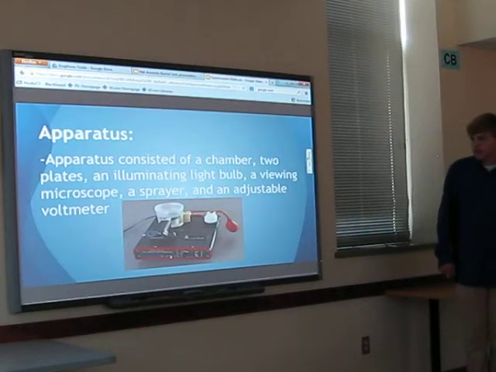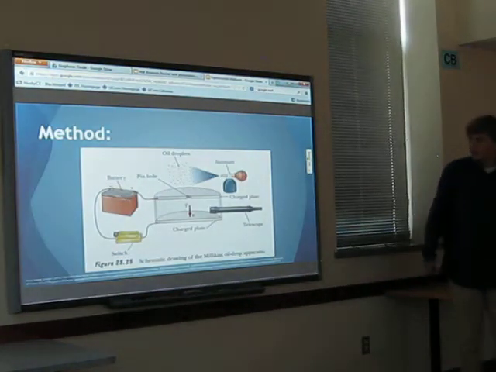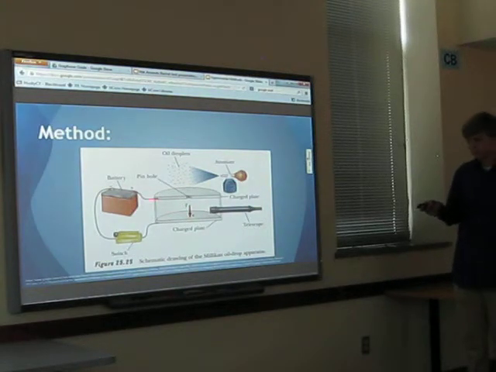So this is the apparatus we used. It has a sprayer, a chamber, two plates, a viewing microscope, a light bulb, and an adjustable photometer. So the way we do it is we spray oil drops into this chamber. The oil drops fall between the plates, and the experimenter will switch on the plates to try to find a charged oil drop.